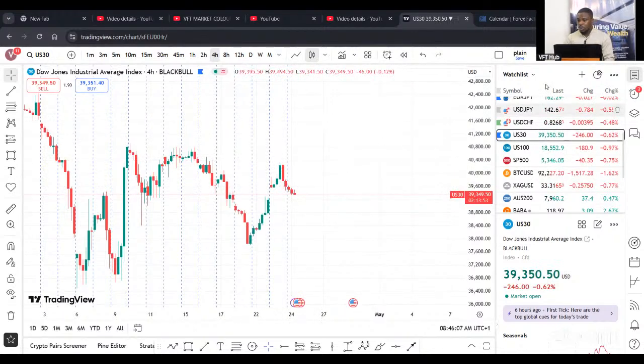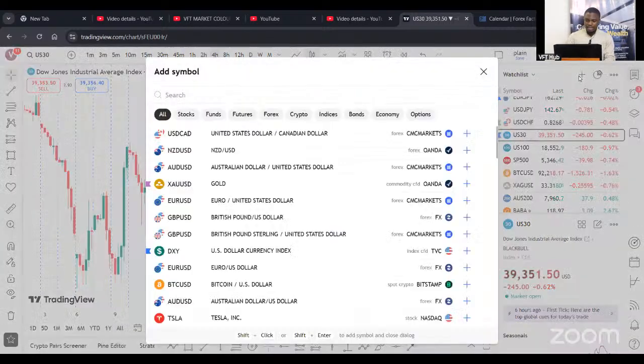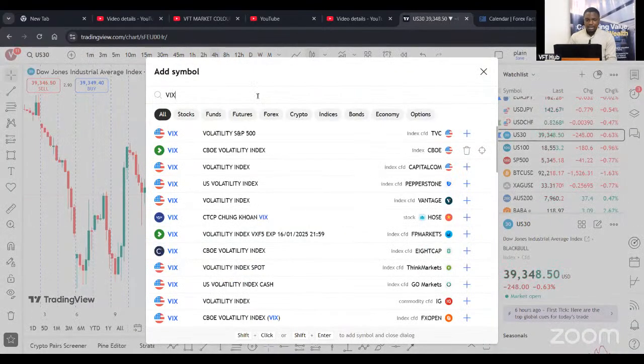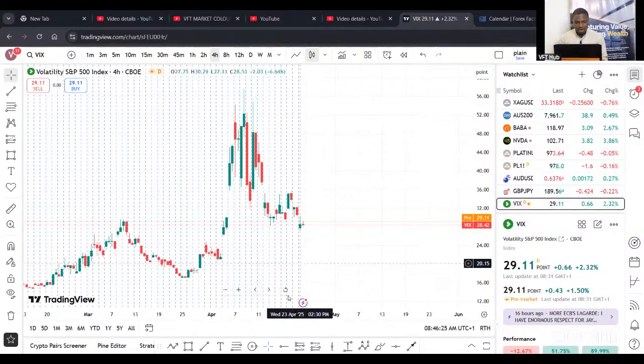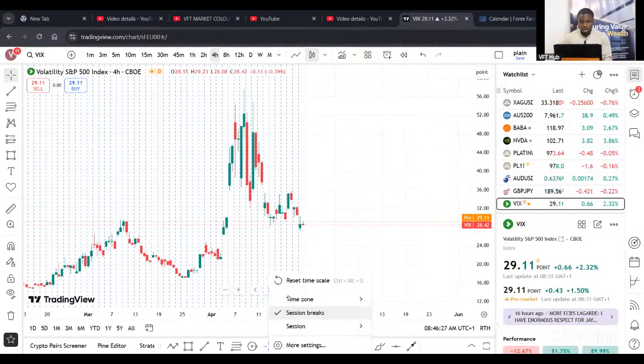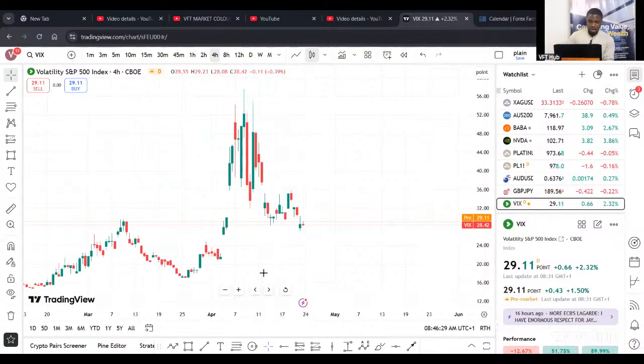One final reason why I'm optimistic about this market is because of the fear index, right? I know not so many people know about this. That's the volatility index, VIX, also known as the fear index. You use it to measure the rate at which people are afraid in the market. Investors' fear in the market, right?